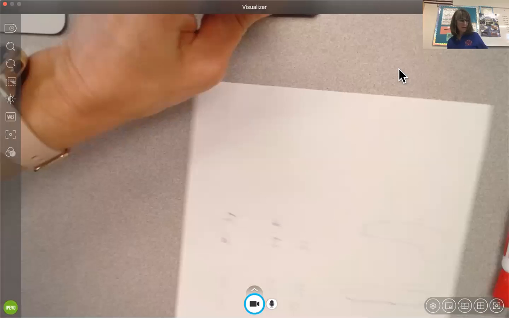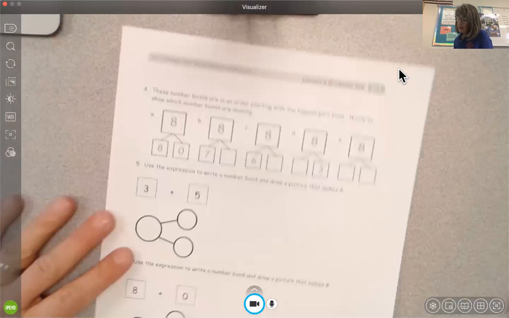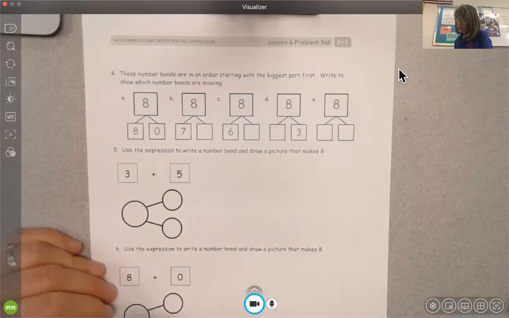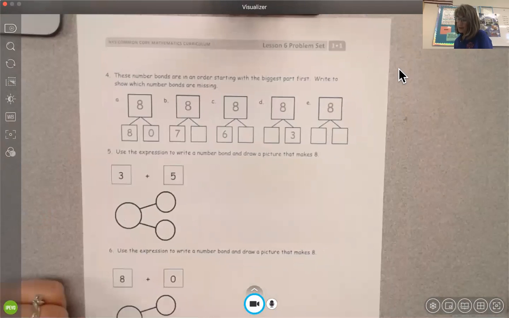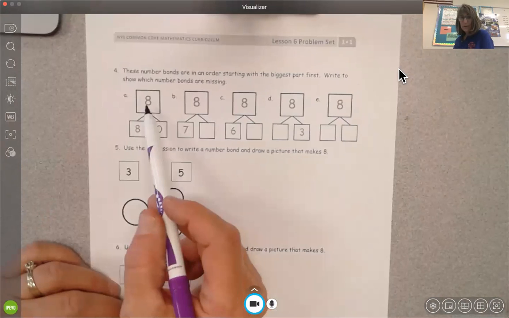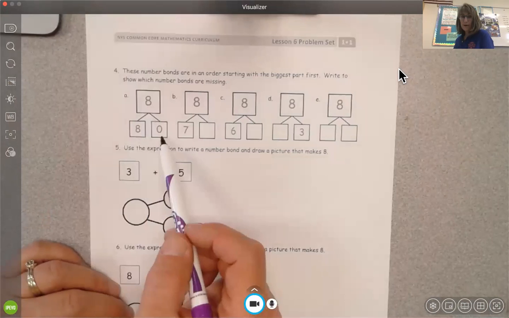All right, now let's turn our paper over. These number bonds are in order, starting with the biggest part first and the smallest part last, right? To show which number bonds are missing. So in other words, they started with the whole number 8, and then they started with a part number of 8 and 0, because 8's the biggest part we could find, right?